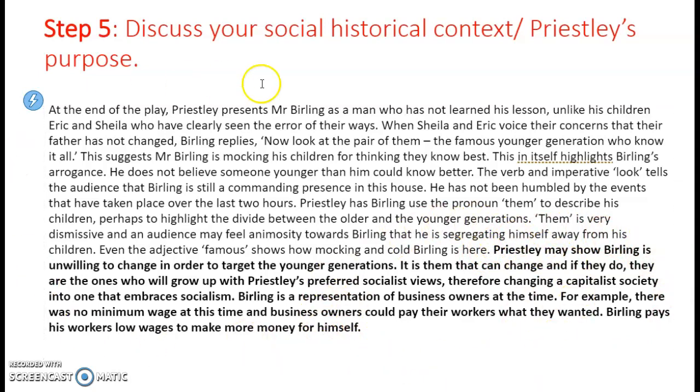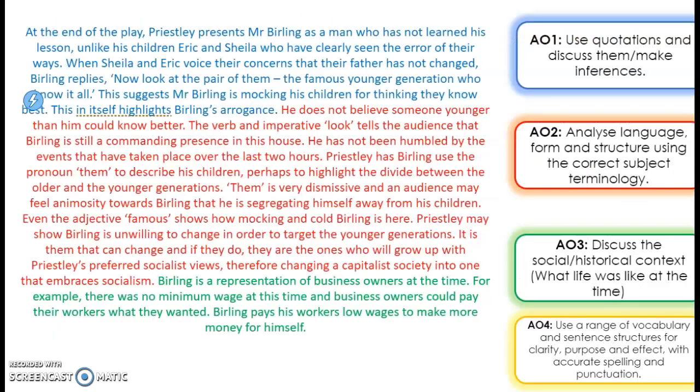So we have everything we need in that paragraph, and that is just analysing one quotation. So our P part of the paragraph ends here. The explanation is a huge chunk of this paragraph, okay? And that's what your paragraphs need to look like as well. So that's it broken down there.